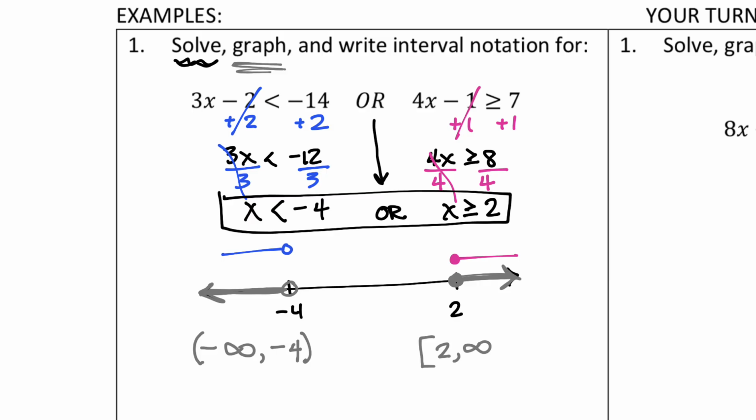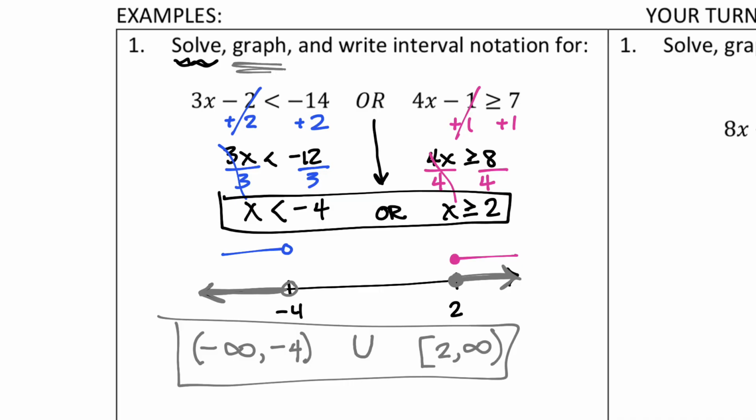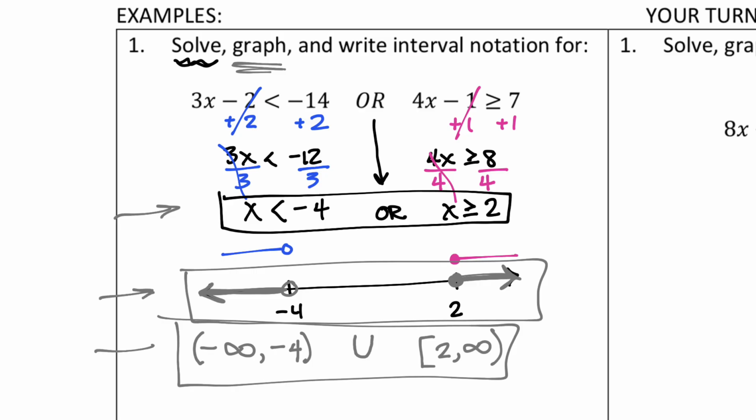And then it goes to positive infinity and it's open. Because it's a union, we're going to write the U right there. So this is interval notation. This is your number line. So we have these 3 portions that you need for your answer.